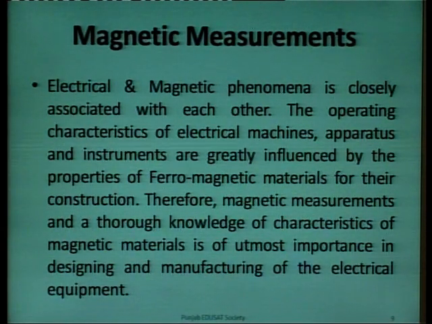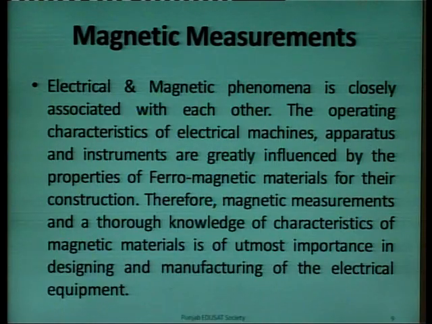So, as we can see again, in magnetic measurements, the electrical and magnetic phenomena are closely associated with each other. The operating characteristics of electrical machines, apparatus and instruments are greatly influenced by the properties of the ferromagnetic materials used for their construction.